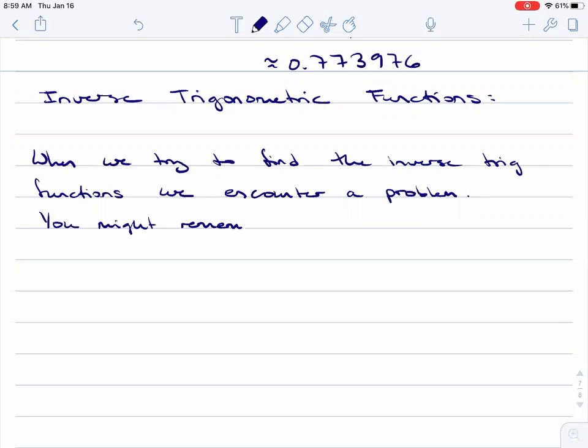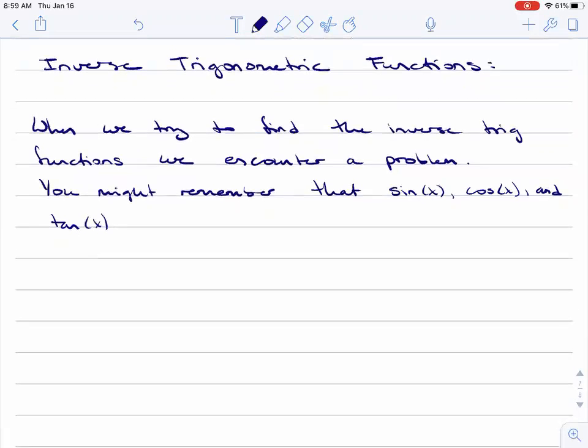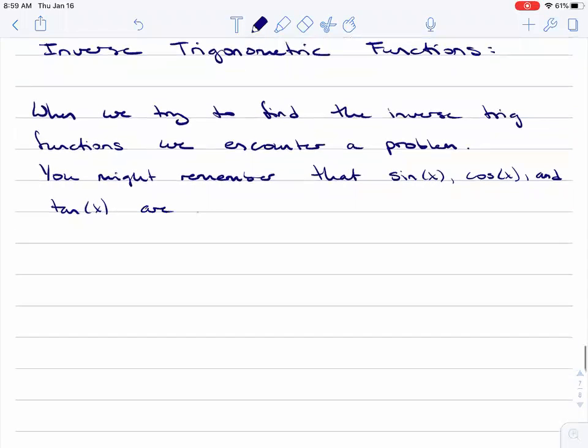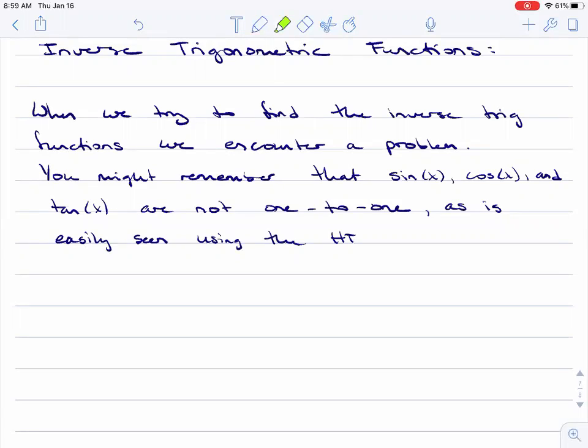You might remember, and you probably do, that sine of x, cos of x, and tan of x are not one-to-one, as is easily seen using the horizontal line test. Oops, the HLT, I'm calling it.